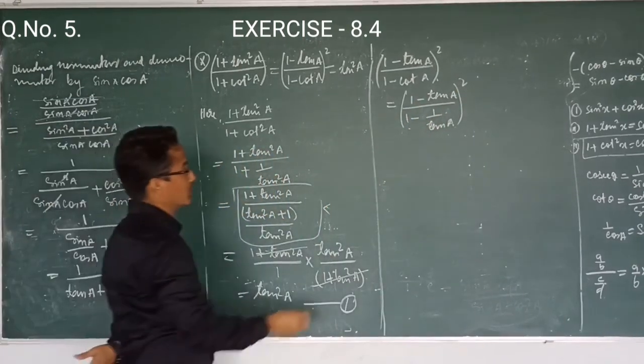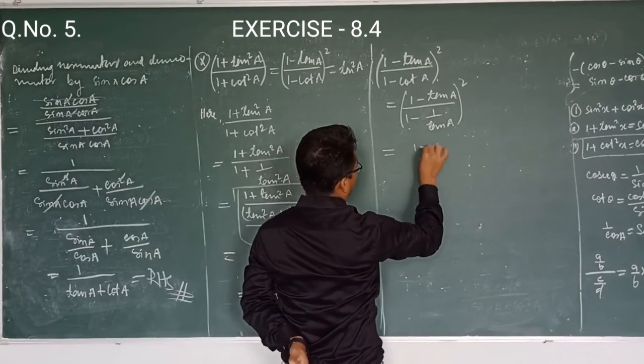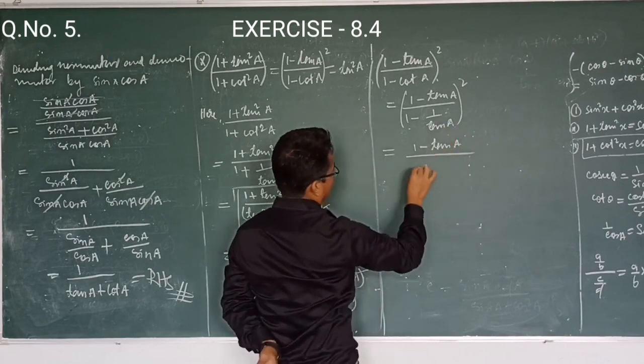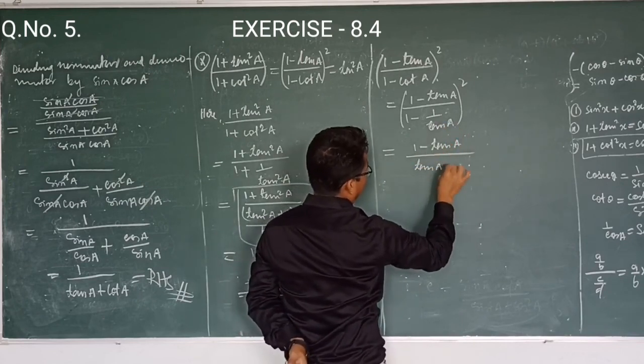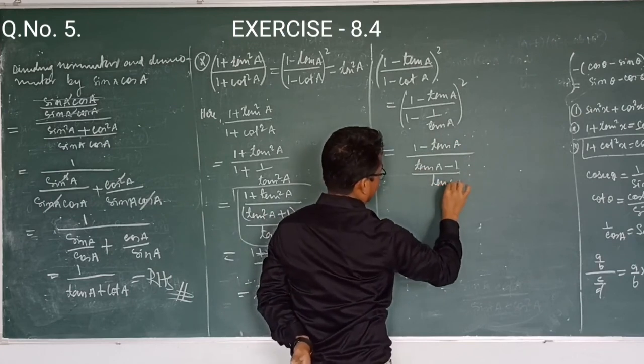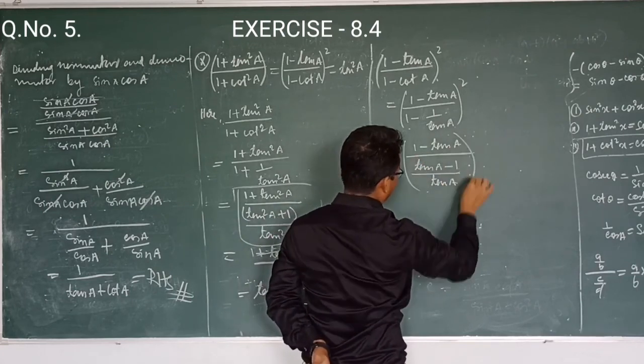Clear? Now let's see, the numerator has no change and the denominator is (tan A − 1)/tan A. Okay, same we have left like this.